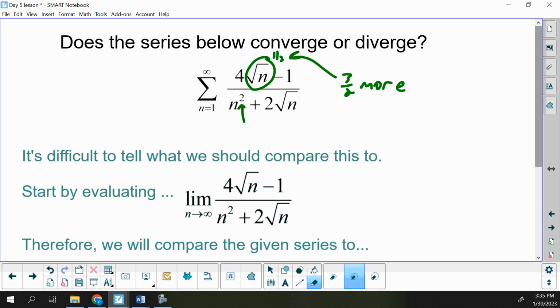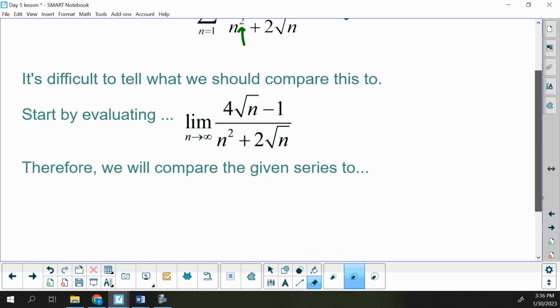Well, for it to end up on top, we would want to divide by 1 over n raised to the 3 halves. So we're going to compare this to the sum n equals 1 to infinity, 1 over n to the 3 halves.